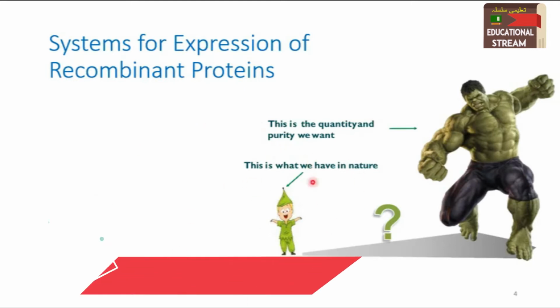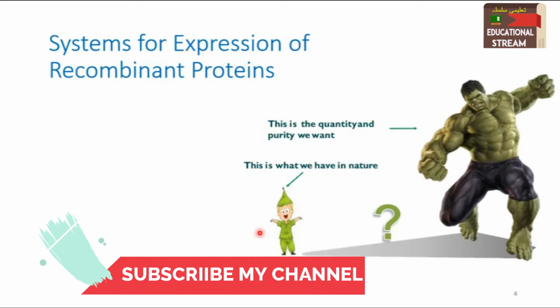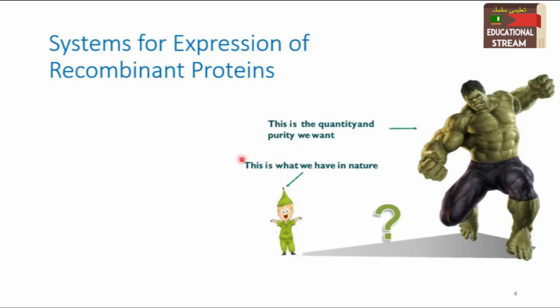This is what we have in nature, and for our purpose of study we want a huge quantity. That's why we want to express the recombinant protein in different hosts.